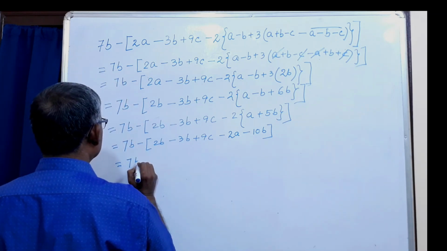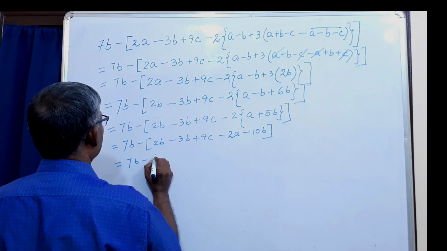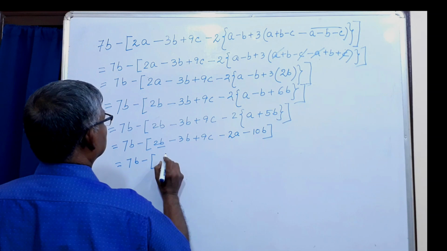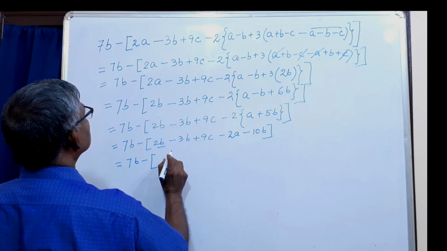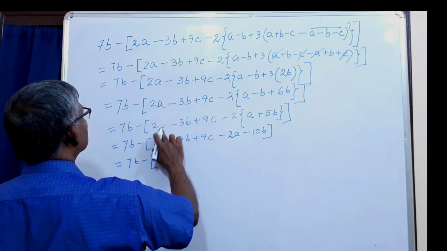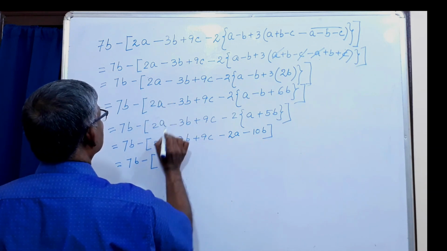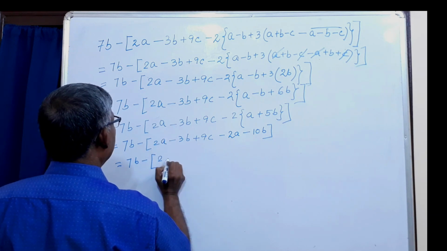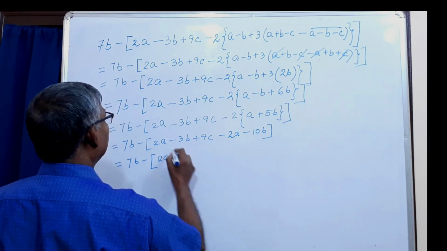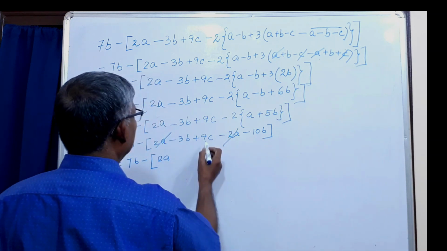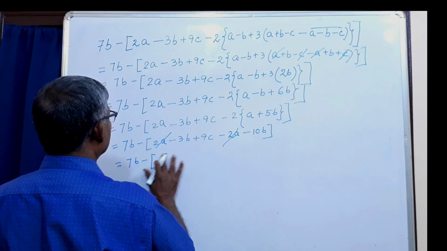So it will be 7b minus, here is 2a, sorry, here is 2a minus 2a, that is cancelled.